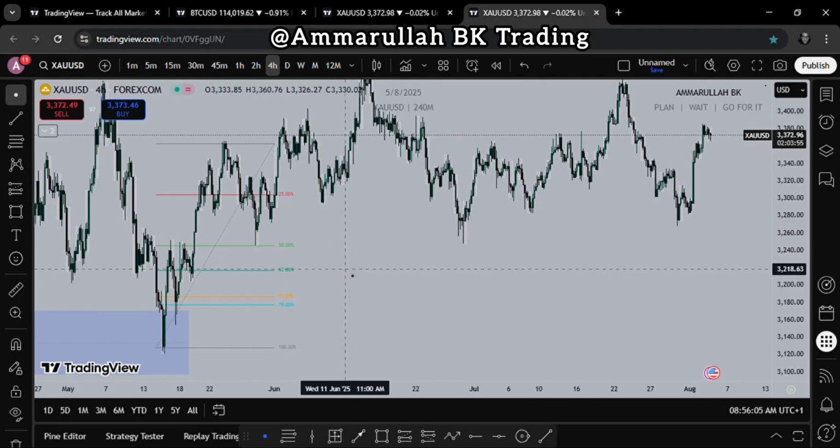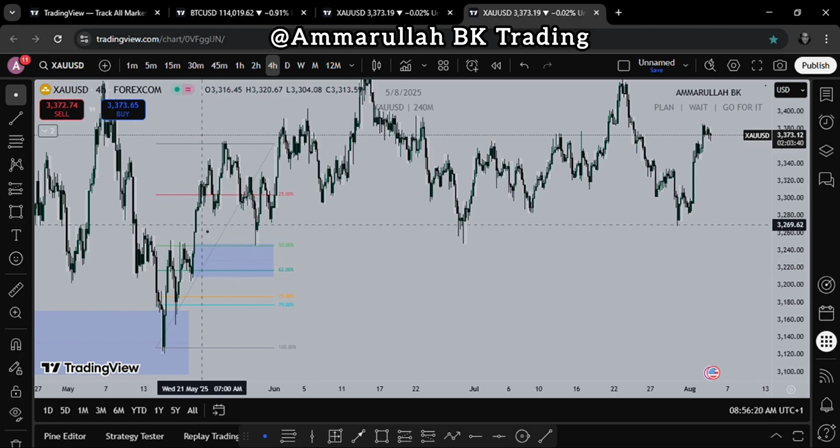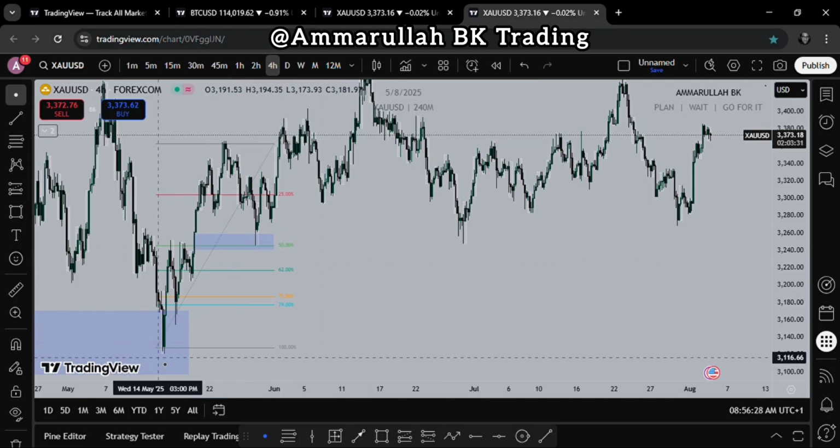So you look for a particular level that the price will likely sell down to, whether at the discount or at the equilibrium, which is this particular level. Now this is a fair value gap, right, at the 50% level of this range. That's at the midpoint of this range, from this low to this high.